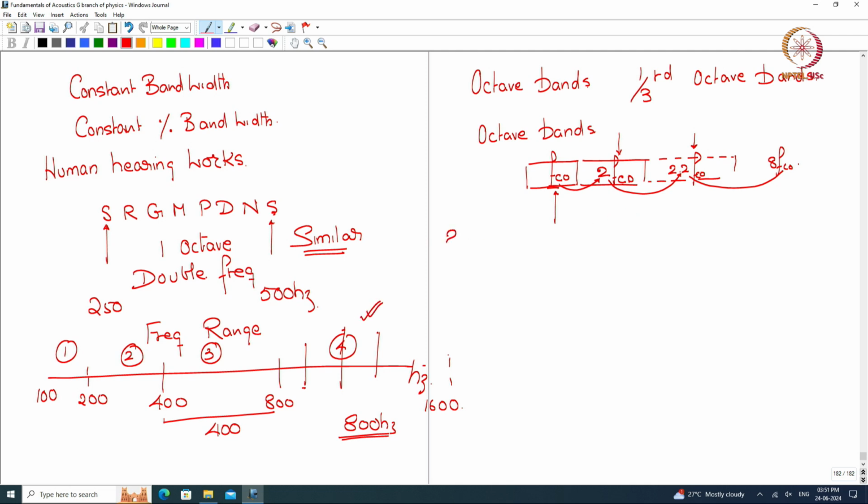So what are third octave bands? If we choose a certain value f0 or center frequency, the higher frequency is 2 to the power 1/6 of Fc, this is F high, and the lower is 2 to the power minus 1/6 of Fc. This is called F low.